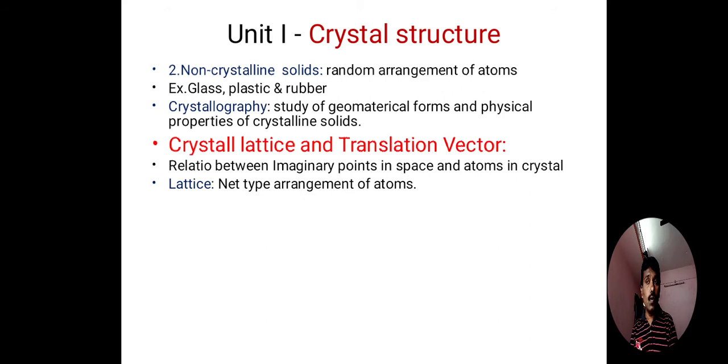And that's why these imaginary points and the atoms in the solids have a similarity in their arrangement. Wherever the atoms are arranged in such a net-like arrangement, for such solids we can again say a lattice.